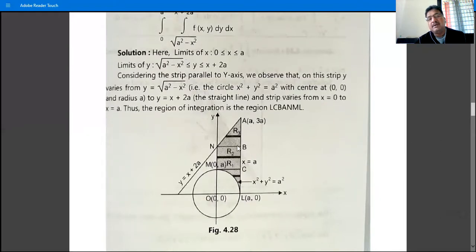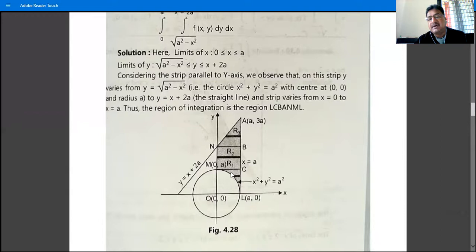Again, what happened after this line NB? The strip changes its one end. It touches now the line y is equal to x plus 2a, and that's why we divide this interval in 3 parts. So draw this line.